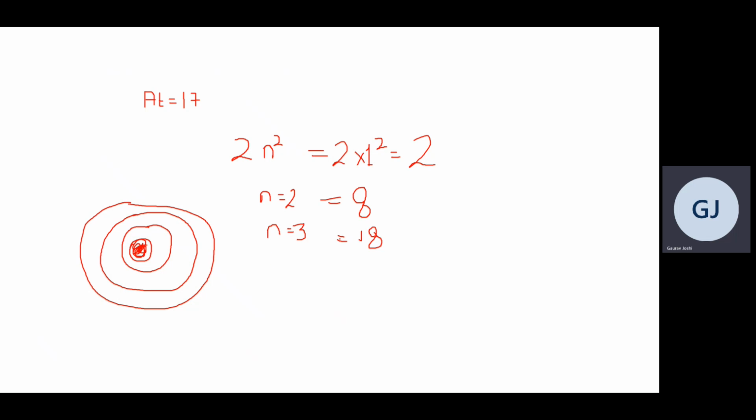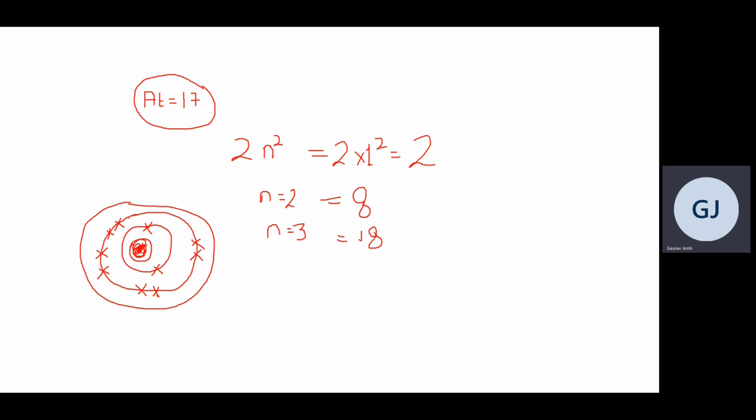Now we'll try to fill the electrons using the atomic number of 17. This is the first shell, it can accommodate 2 electrons. Then the next shell can accommodate a maximum of 8 electrons. How many have we filled?